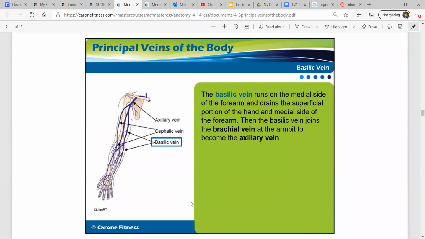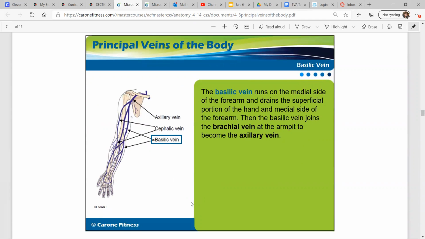Then you have the basilic vein, and that's running on the medial side of the forearm and drains the superficial portion of the hand and medial side of the forearm. Then this basilic vein joins the brachial vein at the armpit to become the axillary vein.